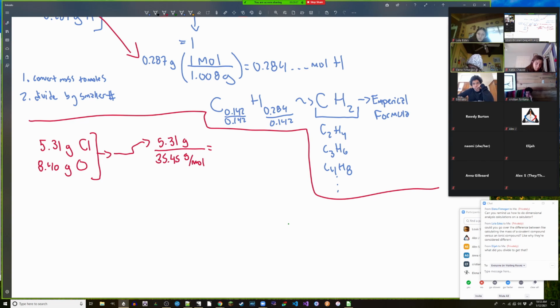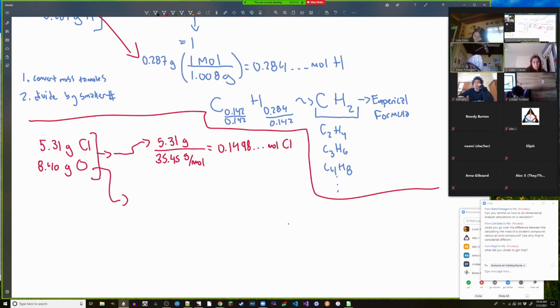And it's maybe easier to see what math we're doing too. 5.31 divided by 35.45 gets us 0.1498, if I want to round, moles of chlorine. It's 0.1497884344, and I'm going to keep that number in my calculator to do future calculations with.